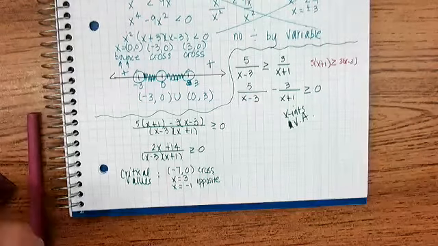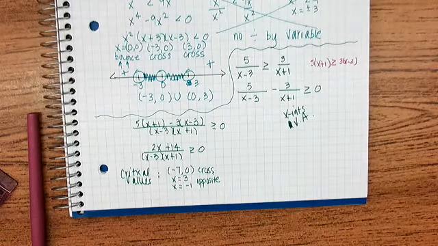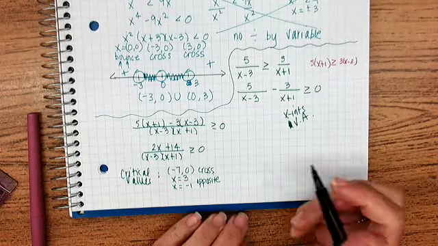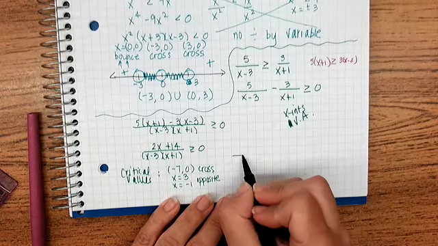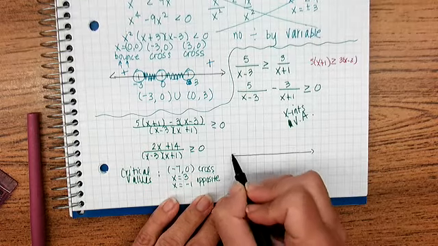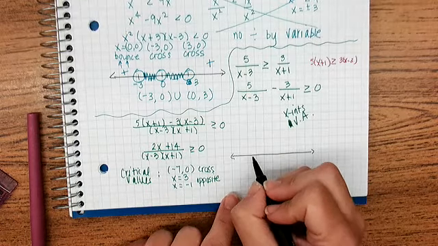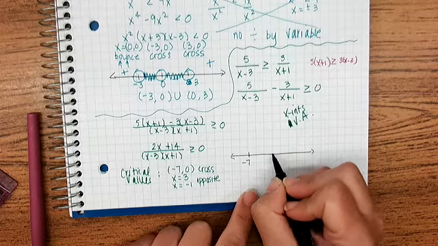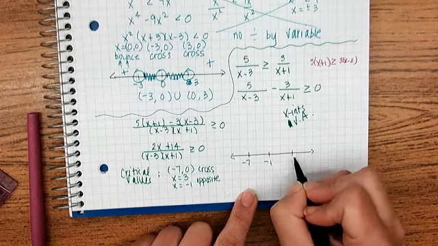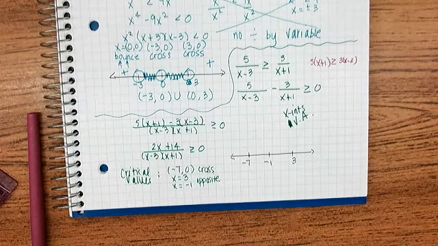So these are the values that need to go on my number line: -7, -1, and +3.